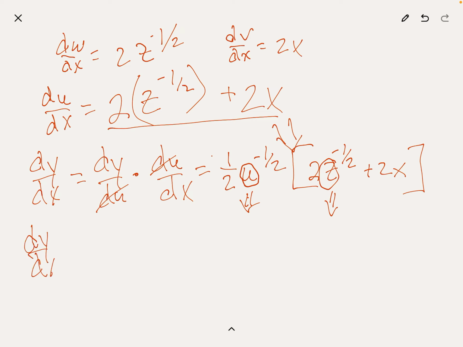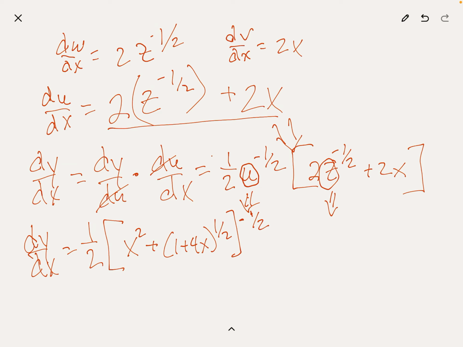So dy/dx equals 1/2 u to the negative 1/2. Well, that's 1/2, and u we defined earlier as x squared plus (1 plus 4x) to the 1/2. That's how we defined it. And so we need to take the negative 1/2 power of that.